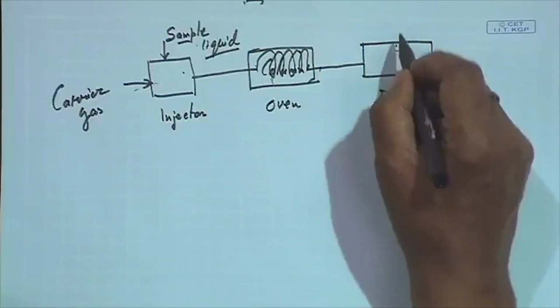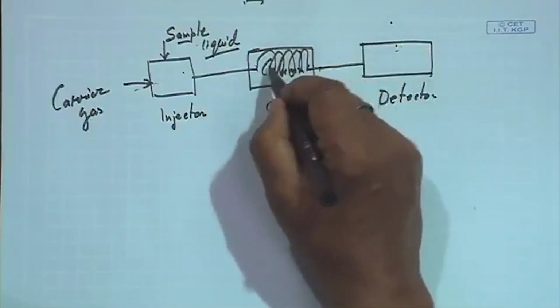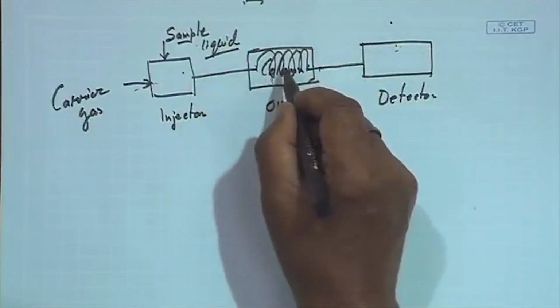Here also we maintain the temperature as per the requirement, and the temperature should be higher than the boiling point of the sample that you are going to analyze, because if it is lower than the boiling point, there is a possibility of sedimentation or condensation of the liquid in the column. So we have to keep the temperature higher than the boiling point of the liquid.